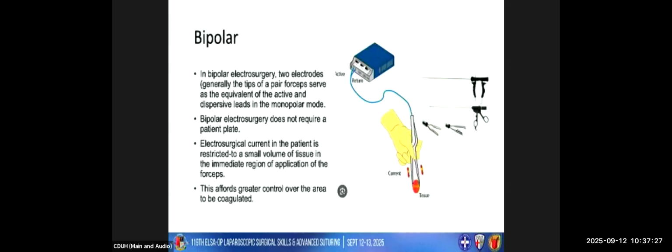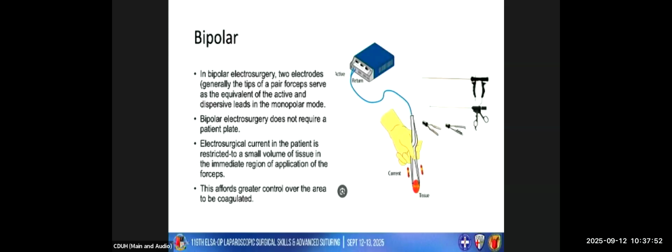So how about bipolar? In bipolar surgery, two electrodes, generally the tips of a pair of forceps or scissors, or a bipolar laparoscopic instrument, serve as the equivalent of the active and dispersive leads in the monopolar mode. So bipolar electrosurgery does not require a patient plate, so there will be lesser plate injury.